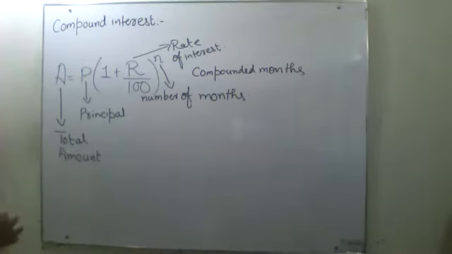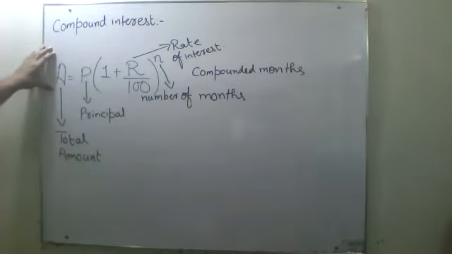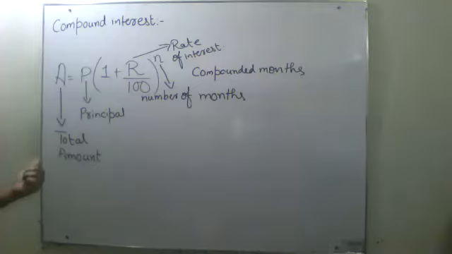Over here, we will not get the interest value directly. We will get the amount value, which is basically principal plus interest.